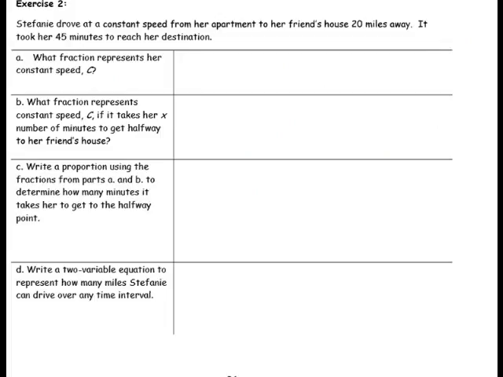Stephanie drove at a constant speed from her apartment to her friend's house 20 miles away. It took her 45 minutes to reach her destination. A. What fraction represents her constant speed, c? Okay, so let's recall. We know that distance over time equals rate. That means y, which is the distance, divided by x, which is the time, equals our constant speed.